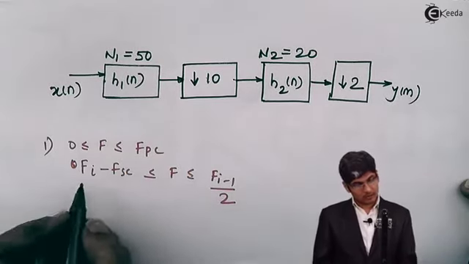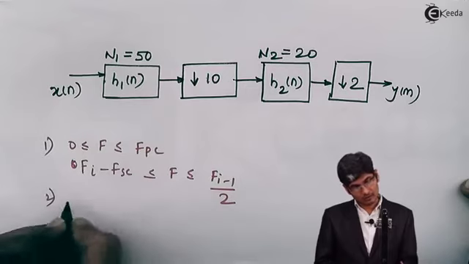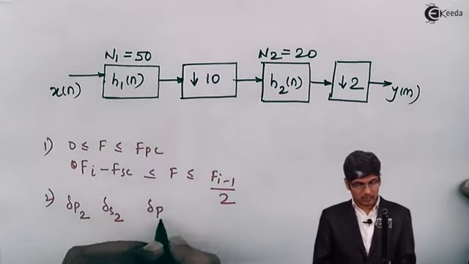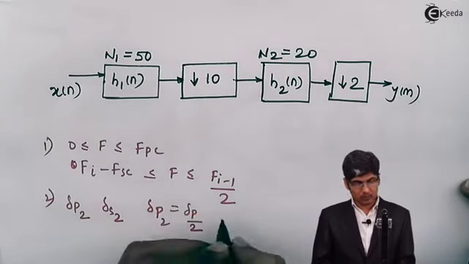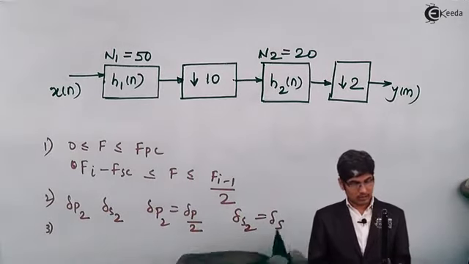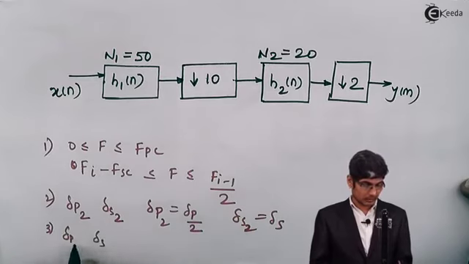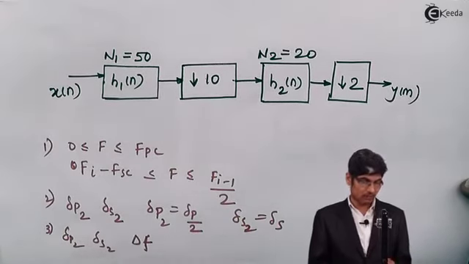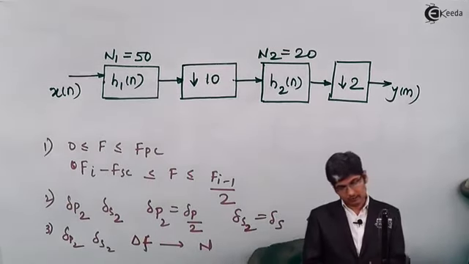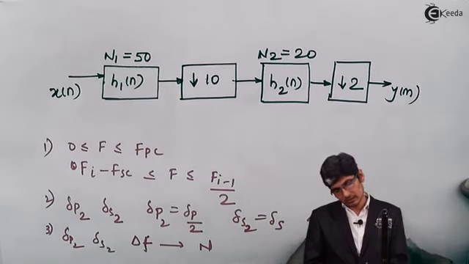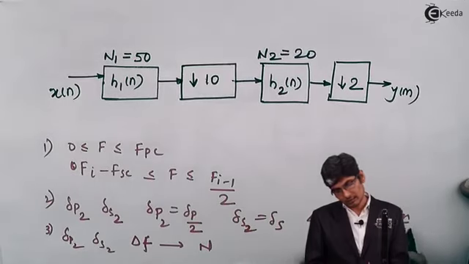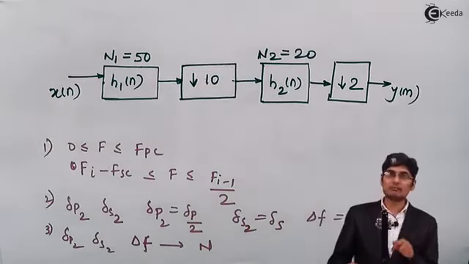Then we went for the delta P2 and delta S2 calculation, and we know that delta P2 is equal to delta P by 2 and delta S2 is equal to delta S. And third, using delta P2, delta S2 and delta F, I went to calculate the order. Here you can also write delta F, which is nothing but the transition upon the input sampling rate.